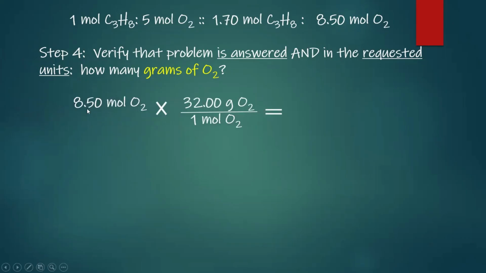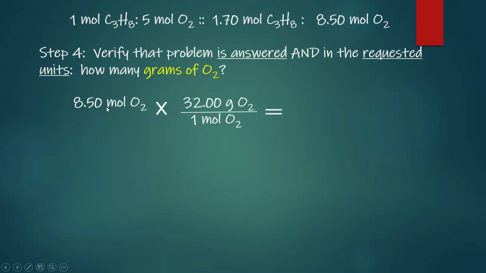So 8.50 moles of oxygen. This time we put the moles on the bottom because we want our moles to cancel out, mole oxygen and mole oxygen. So 1 mole of oxygen gas is 32.00 grams. Each oxygen on the periodic chart, its mass is 16.00 grams per mole.